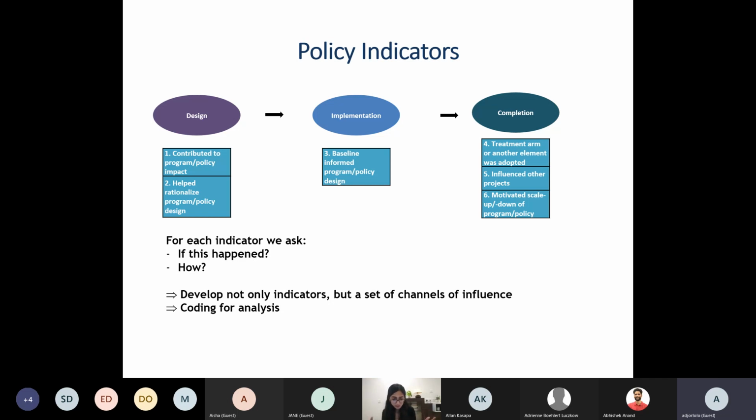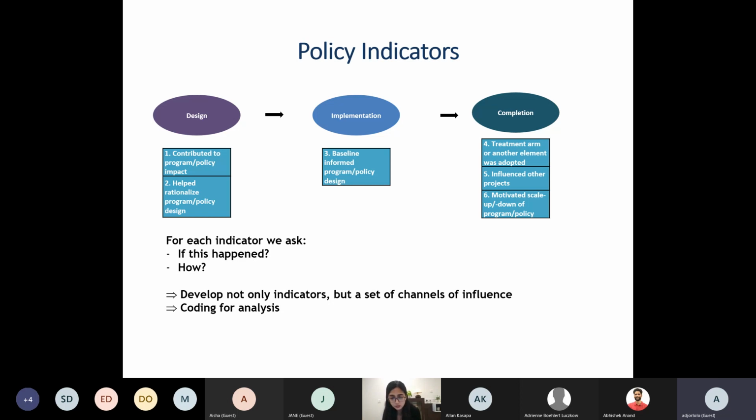And so, of course, we develop not only indicators, but we also develop a set of channels of influence. And the coding for analysis part is, of course, we write code for doing the analysis, but this part of the session right now would be more on actual policy influence.